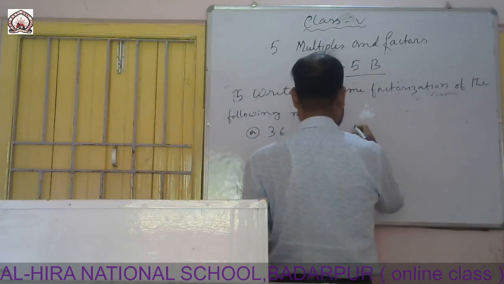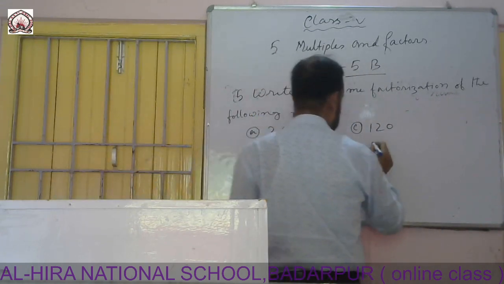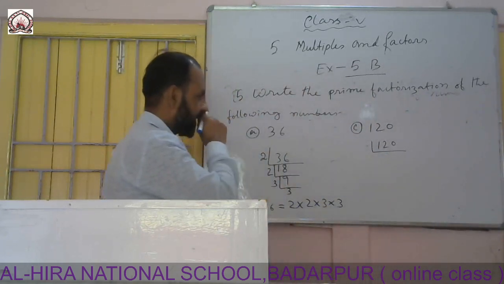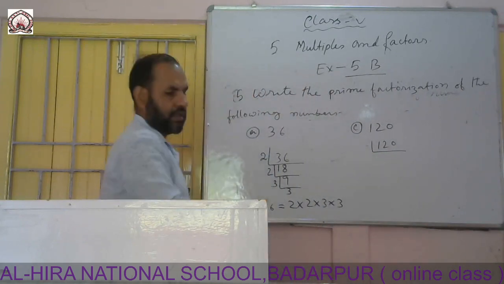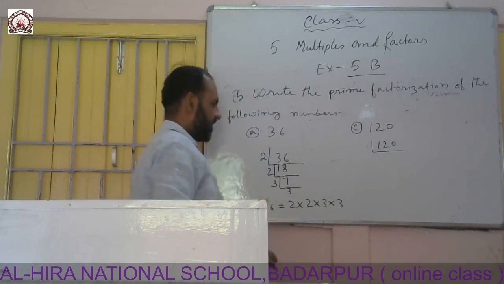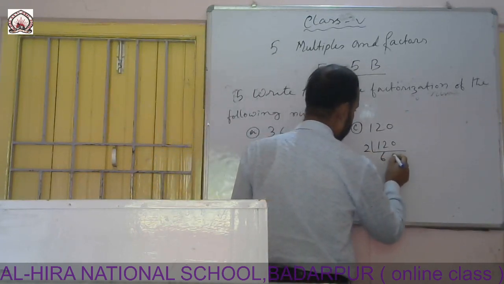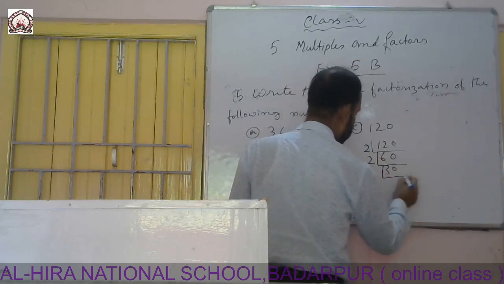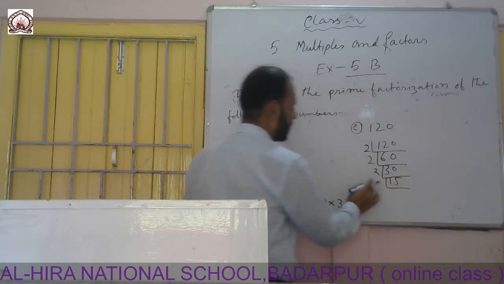Next, question number C, 120. This also we factorize. The unit digit is 0, so 120 is an even number. If it is even, then it is divisible by 2. 2 6s are 12, 2 30s are 60, 2 15s are 30. 15 is an odd number.